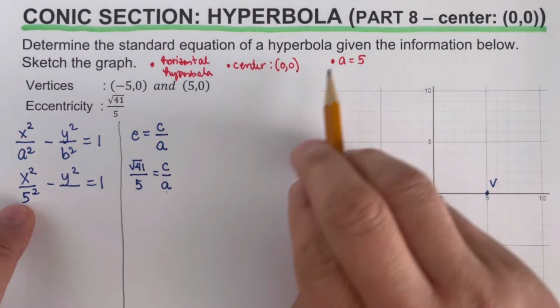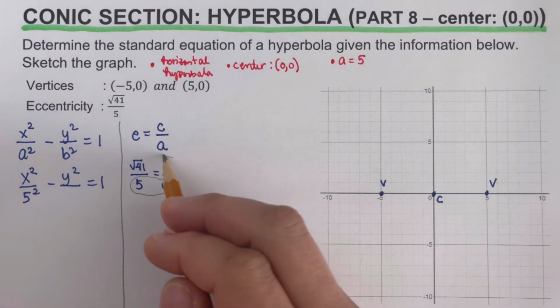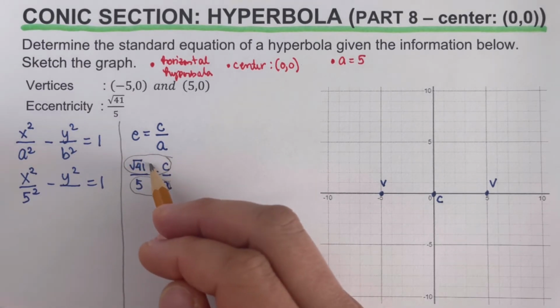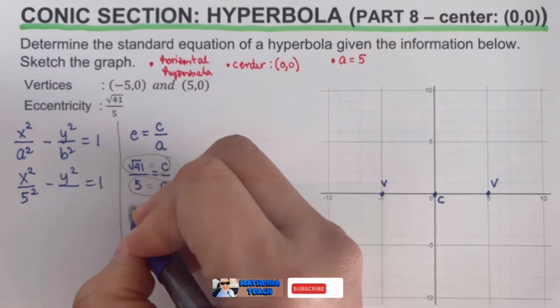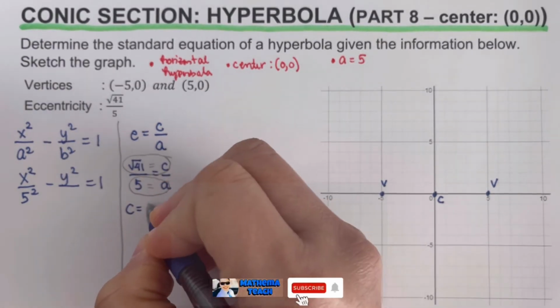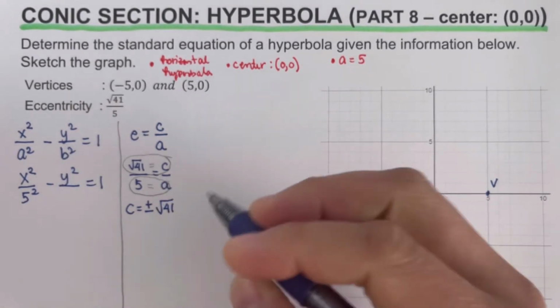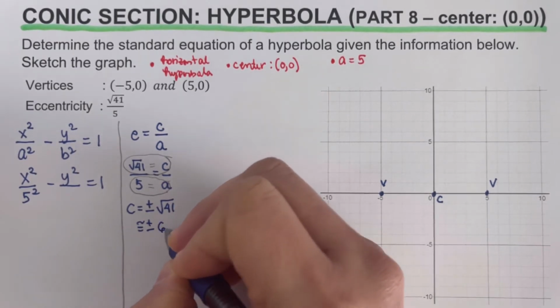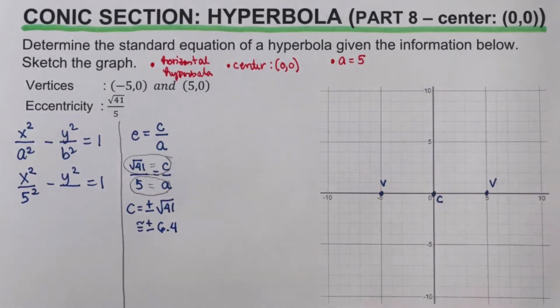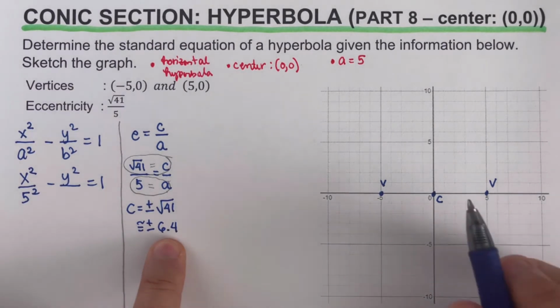So therefore, we can say that our c is actually equal to square root of 41. I write that down here: our c is plus minus square root of 41, or approximately plus minus 6.4.